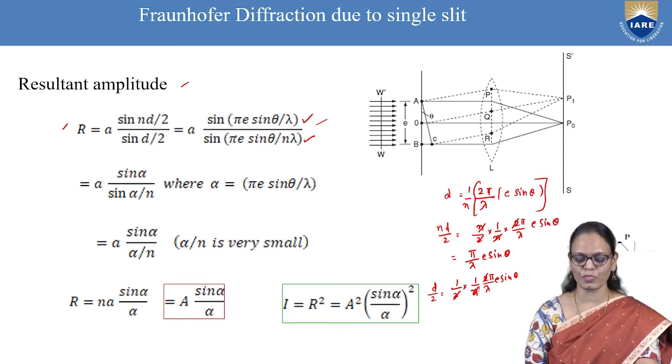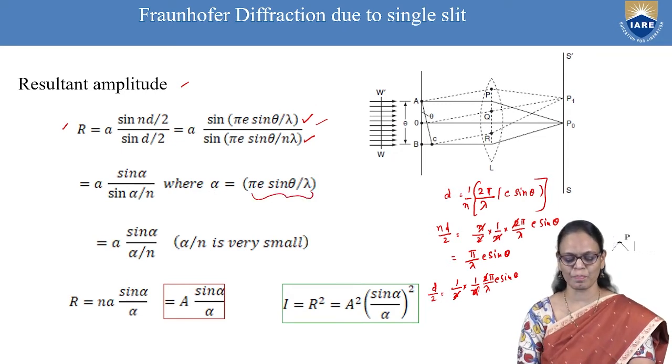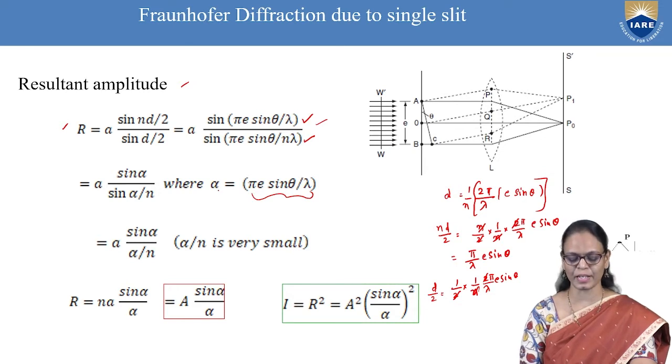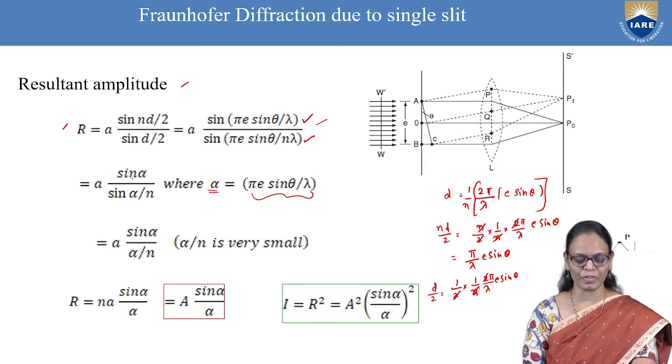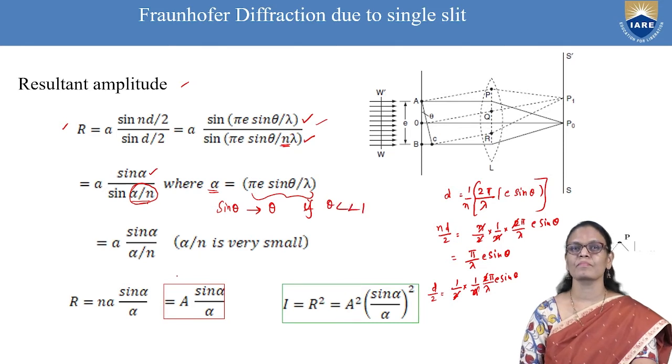So we make a substitution: π into e sin θ by λ is taken as α. In the numerator we will write sin α, and in the denominator we have n, so it is sin(α/n). And since this α by n is very small, sin θ tends to θ if θ is very, very small. So we are taking this as α by n.